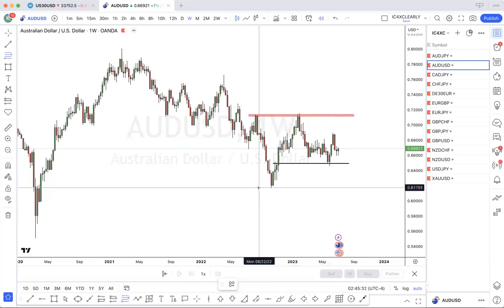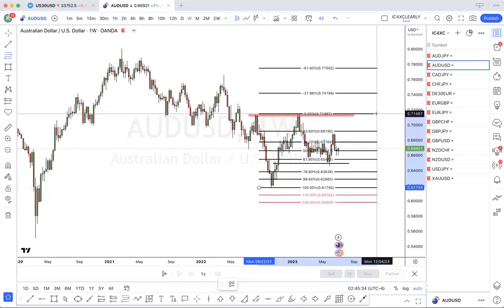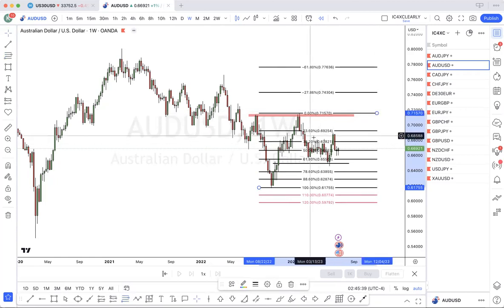Now, if we fib the move, okay, price pulled back to the 618. So this order block, I would say will possibly at least go to these equal highs.